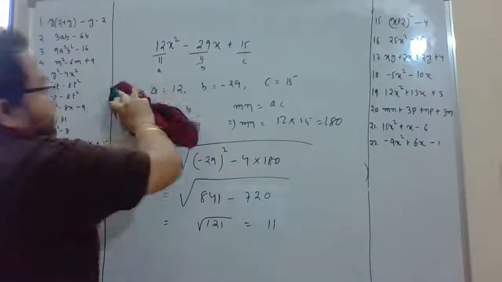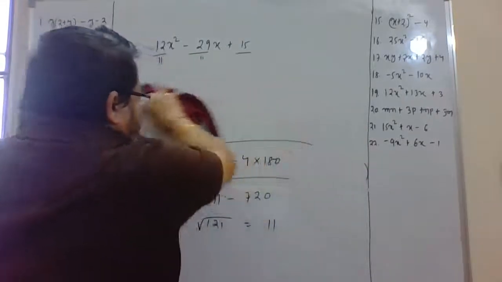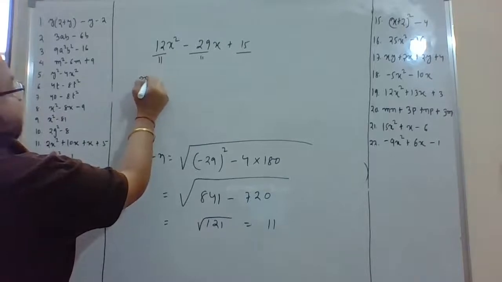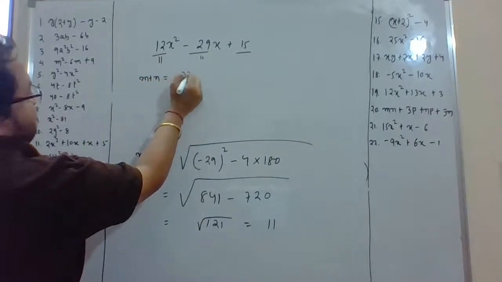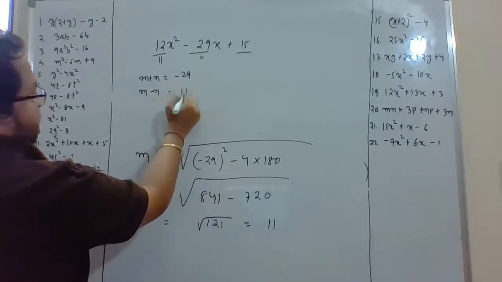So let me erase some part of it. I know my M plus N equals minus 29, and M minus N came out to be 11.